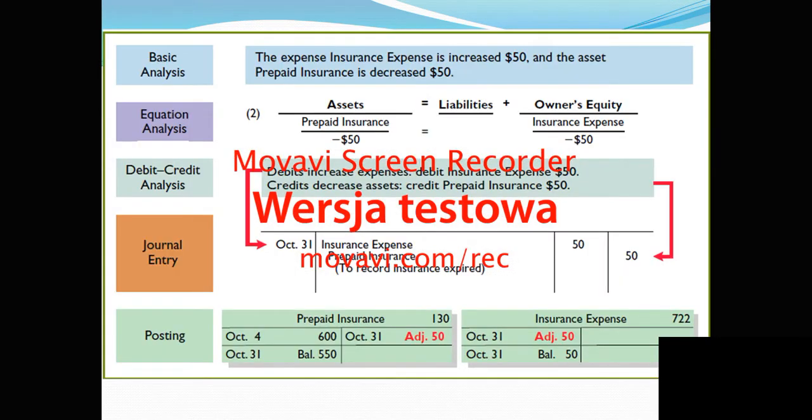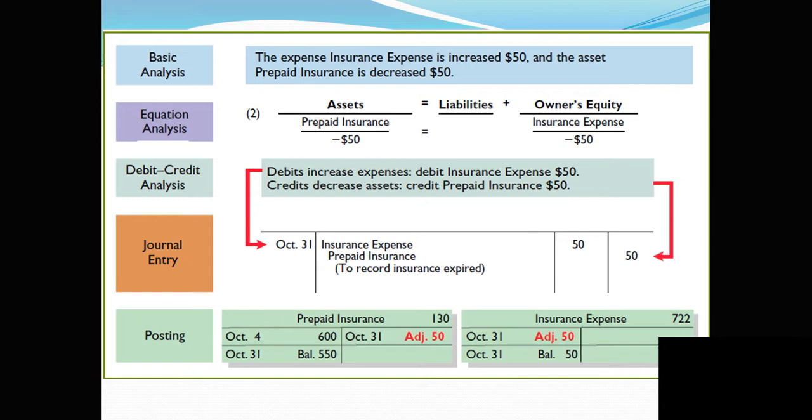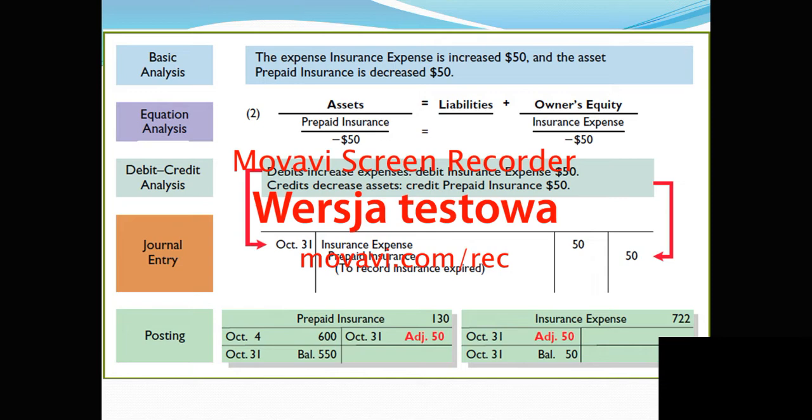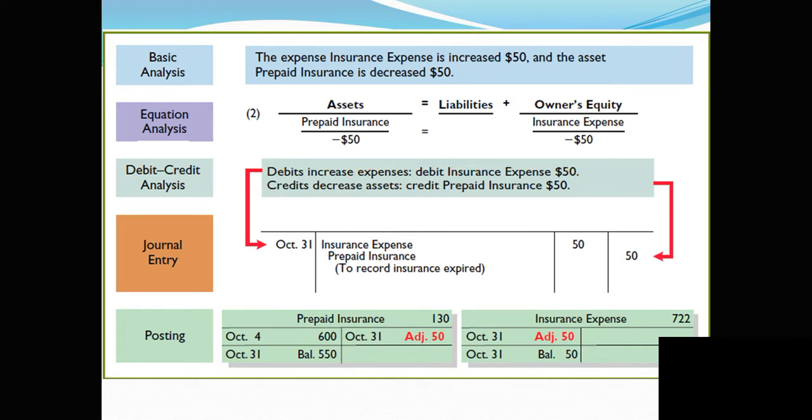So we assume that the company paid the $600 insurance at the beginning of October, and if the company prepares its financial statements at the end of October, then what you are seeing on the graph will happen. So let's go over the graph. On the left side you see basic analysis.